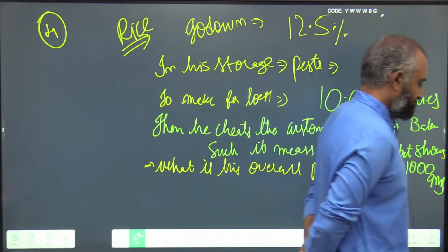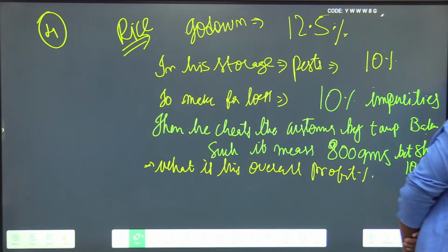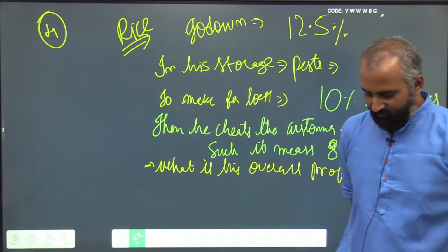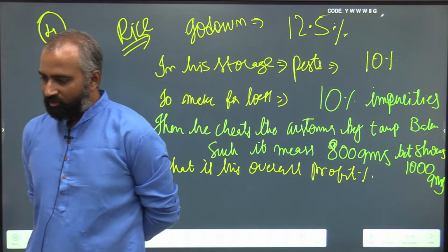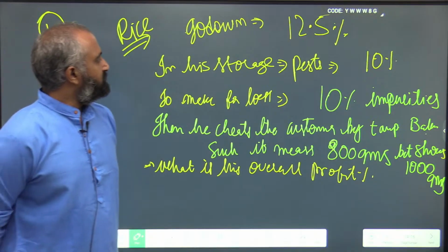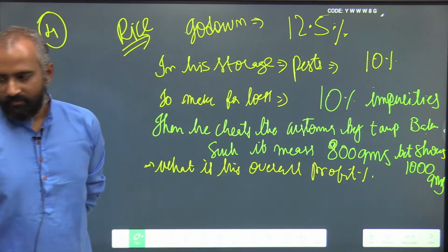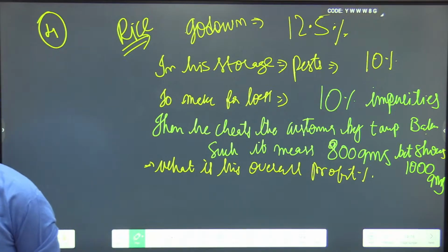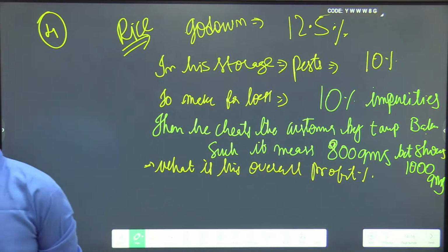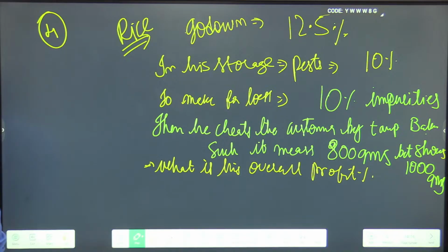The whole question is, a shopkeeper buys from a wholesaler at a discount of 12.5%, and he loses 10% due to storage issues.